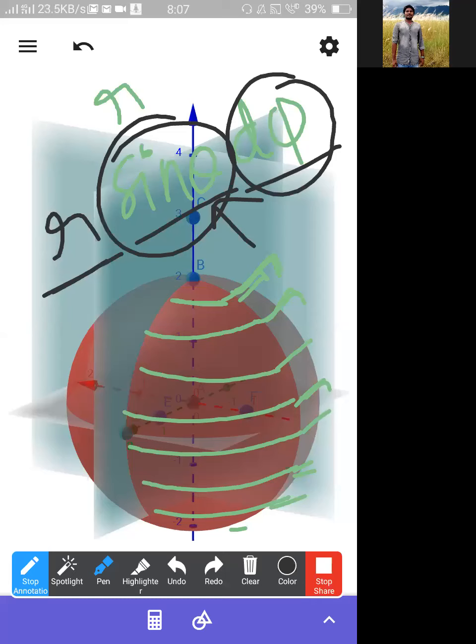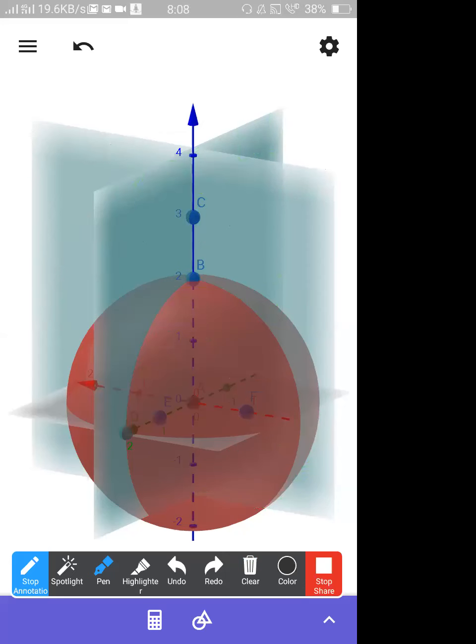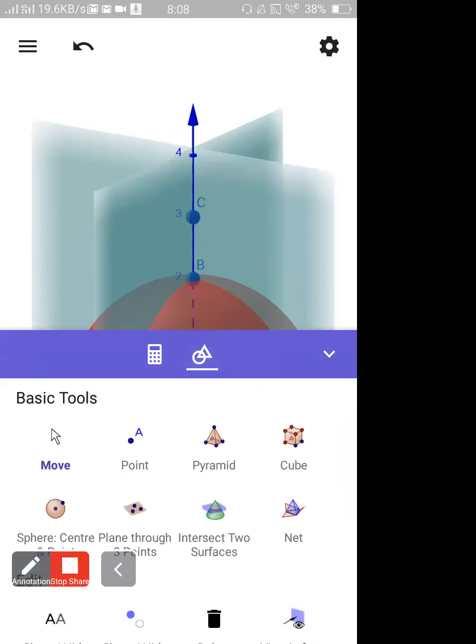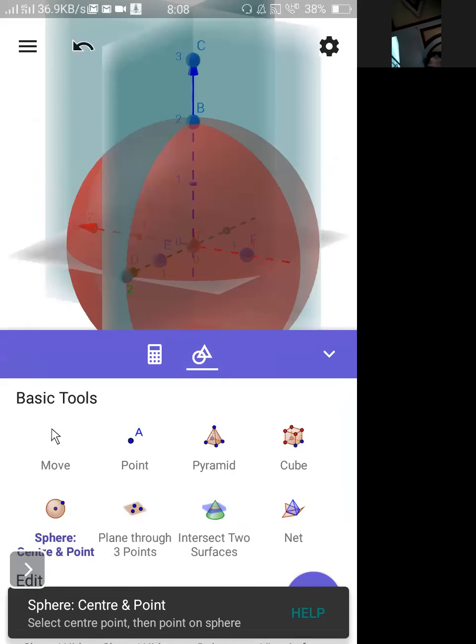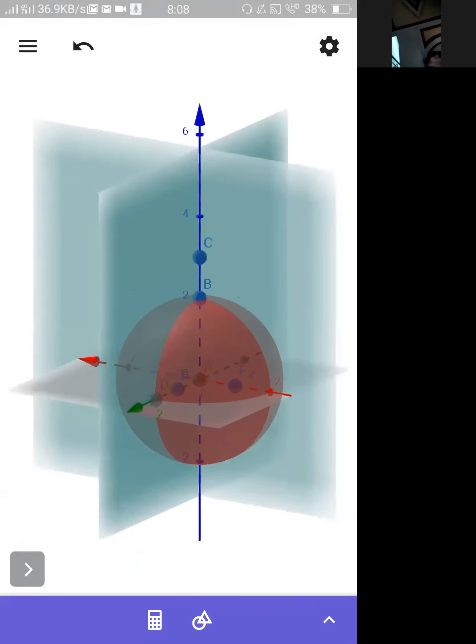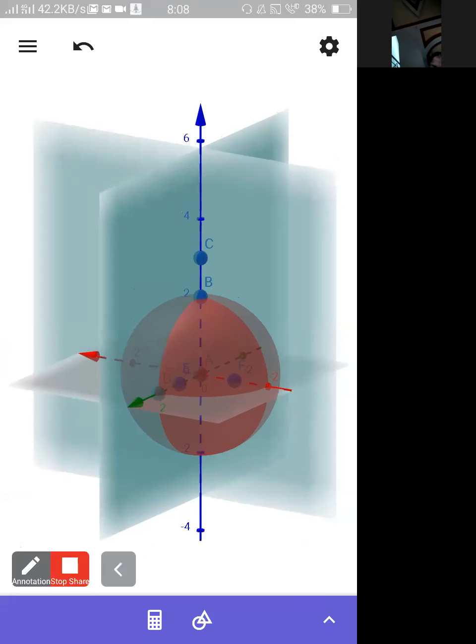For clarity, I will choose a bigger sphere of radius 3. Then you will understand how the arc length changes with respect to r.